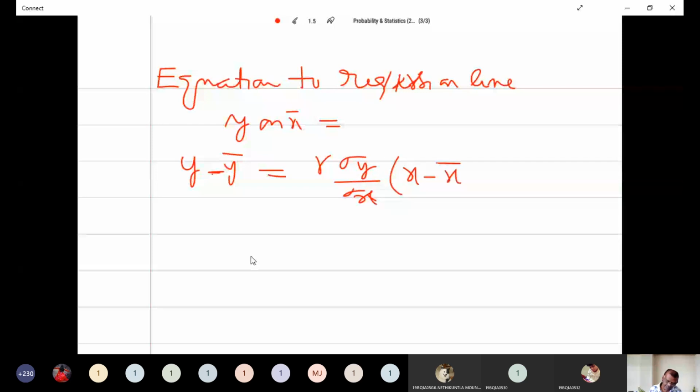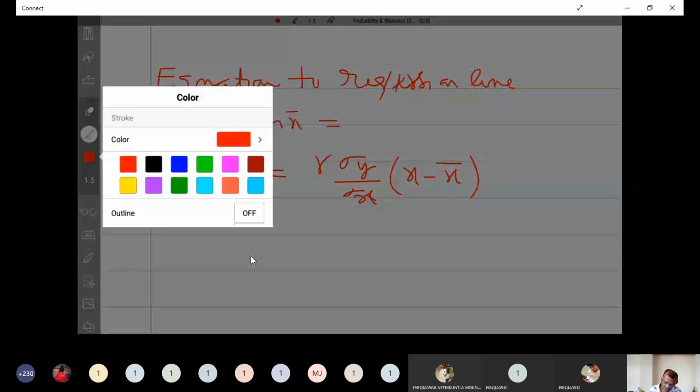For y on x, first we have to write y minus y bar. Now we have to substitute the values.